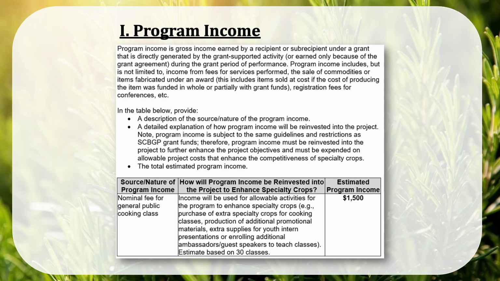In this example, the applicant will generate $1,500 in program income by charging a $50 workshop registration fee. The income will be reinvested back into the project and will be used to enhance specialty crops. If your project will generate program income, an explanation of the specific activities that will be paid for with the program income must be provided.